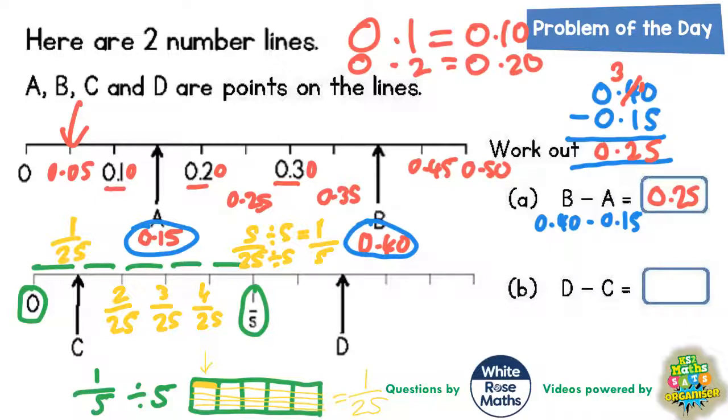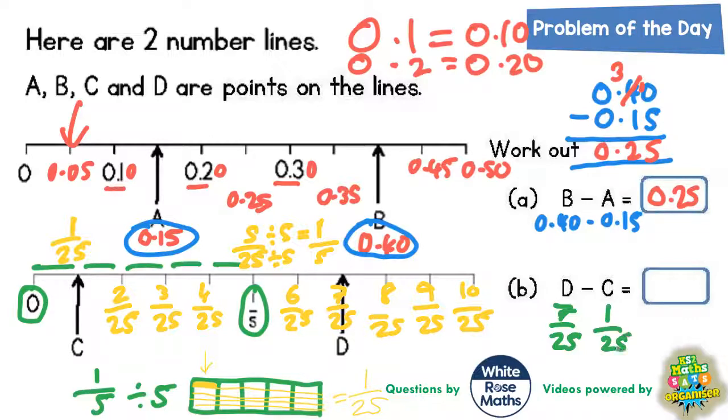So that's 5/25, or 1/5, 6/25, 7/25, 8/25, 9/25, 10/25. So we've actually got enough information now to be able to answer the question, because D is pointing to 7/25 and C is pointing to 1/25.